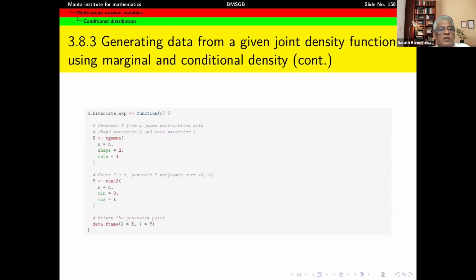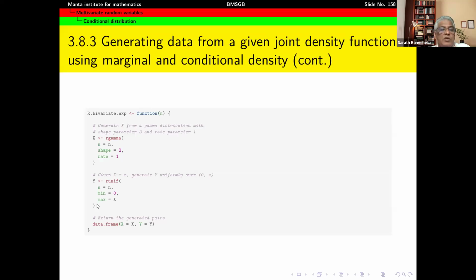If I say y is equal to runif, with the number of observations n, the minimum value 0, and the maximum value not a single number in this case but a vector of these n x values, then what this will do is generate one observation from each uniform from 0 to the particular xi.